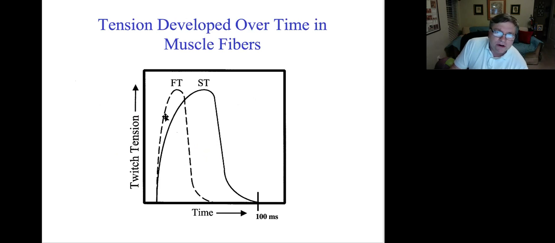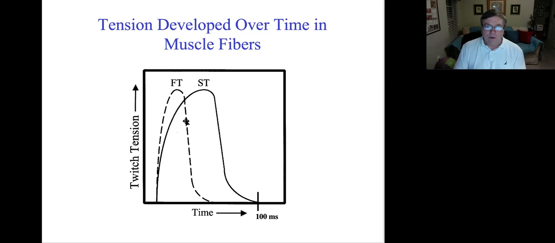Fast twitch fibers reach their peak much faster. They can dump out calcium from the sarcoplasmic reticulum really fast. The calcium ATPase pump is also fast. That's one of the ways we stain for fiber types. Usually we stain the ATPase, which of course uses ATP for energy. The other method usually involves myosin head fiber types.